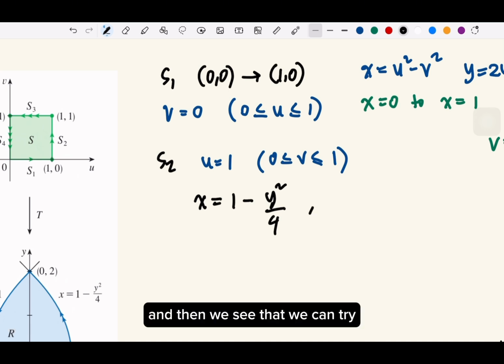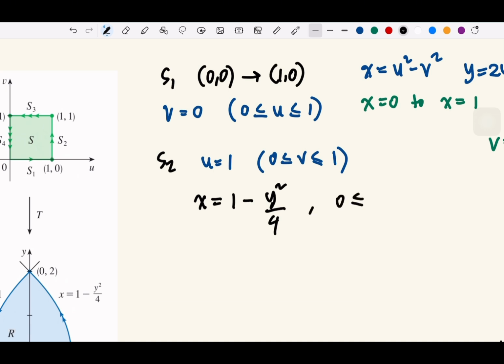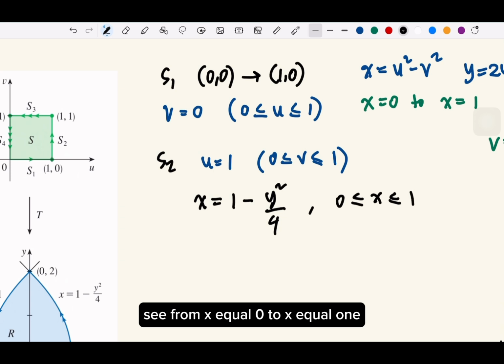And then we see that from x equals 0 to x equals 1, this will be a parabola, right.